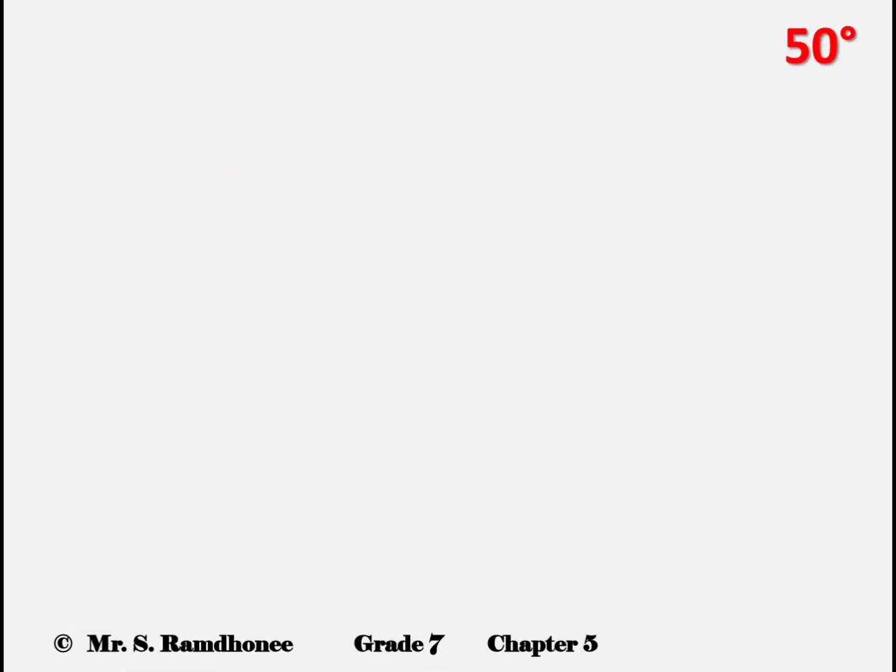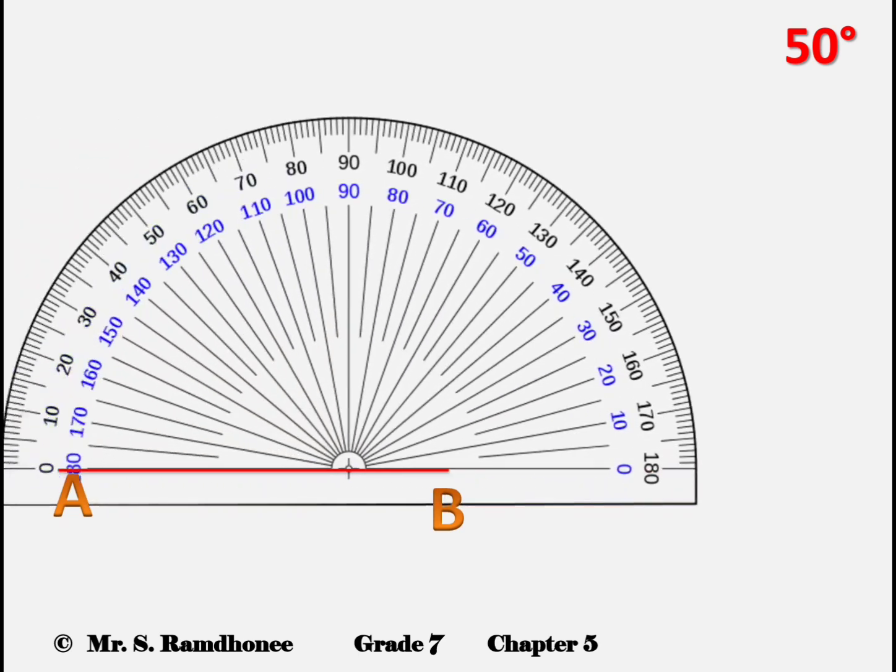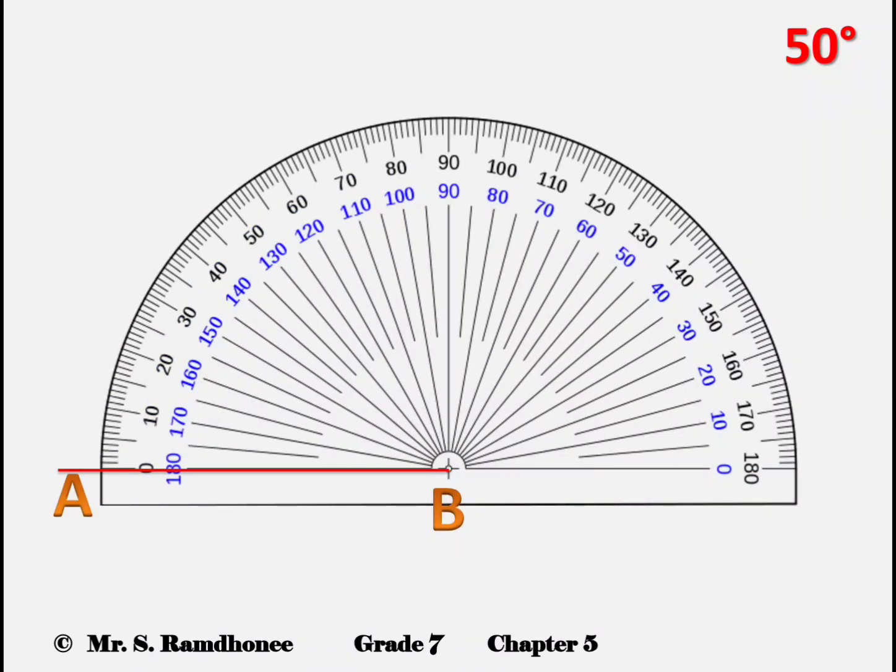To draw the 50 degrees angle, first of all we have to draw a horizontal line of around 60 millimeters, and then we place the protractor on the line as you can see on this animation. Then we have to measure in the clockwise direction, which would mean that we start from 0 and then gradually we move up to 50 degrees.